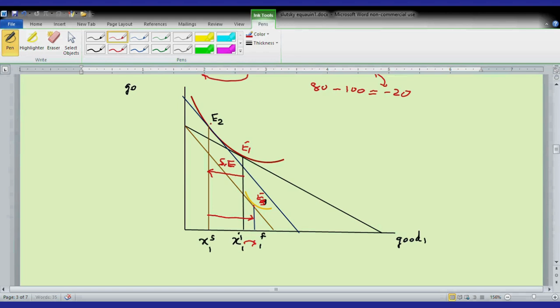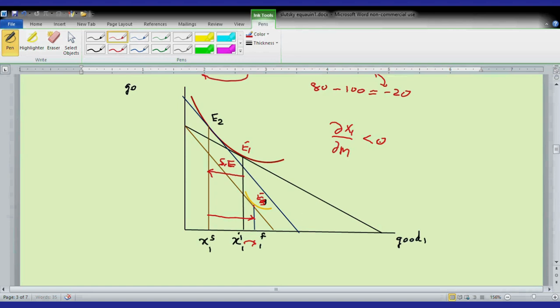So moving from E2 to point E3 is like moving from a higher to a lower budget constraint, and the result in terms of good 1's consumption is that consumption of good 1 increases, and again we observe that change in income and change in consumption are moving in opposite direction, so that ∂x1/∂m is something that is less than 0.